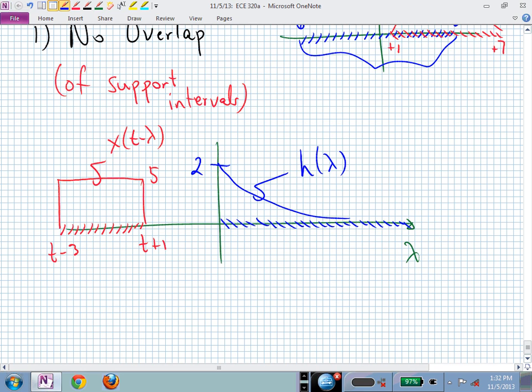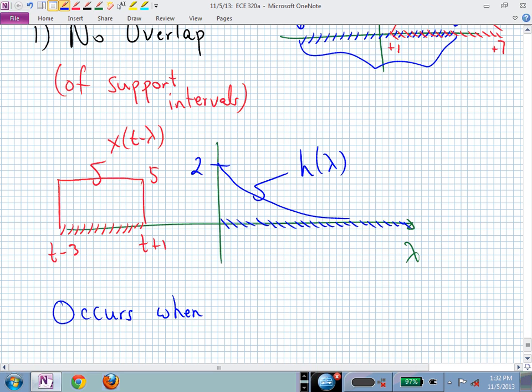So this overlap pattern occurs as long as the right side of x of t minus lambda stays to the left of h of lambda. So as long as t plus 1 is left of 0, this picture is true.